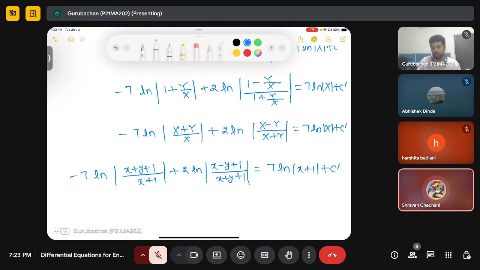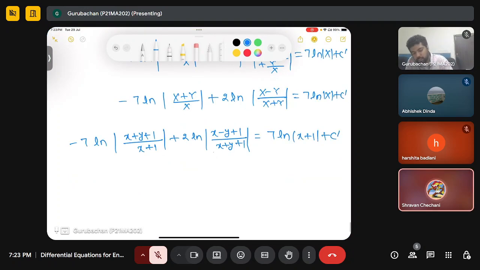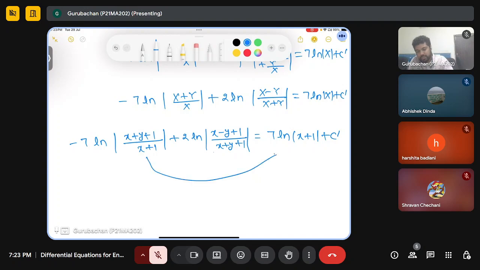Sir, I have removed the log from both the sides and I've got the answer. Yeah, a simpler answer is also a good thing. So if you try to remove the log from both the sides, this quantity we can take here or we can do vice versa. So if you remove the log, it will be x minus y plus 1 divided by x plus y plus 1 to the power 2, and with negative sign of 7.